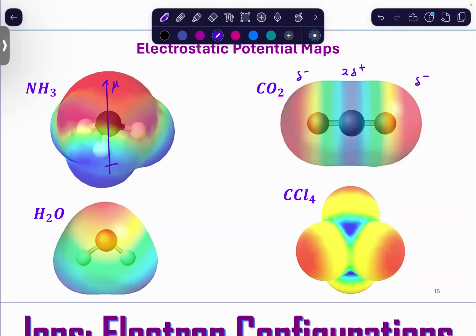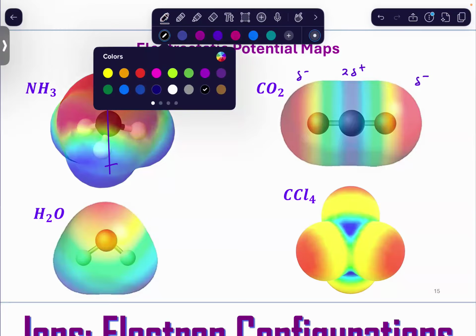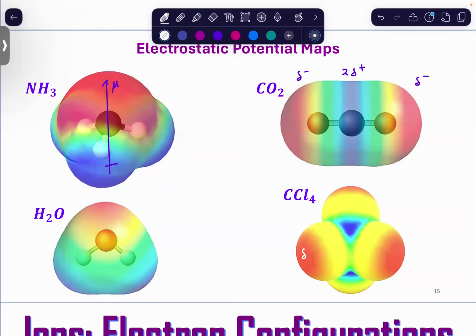Look at the CCl4. You have all of your delta negative regions, and they're all pointing in these various directions inside of a sphere. So they're all going to cancel each other out.